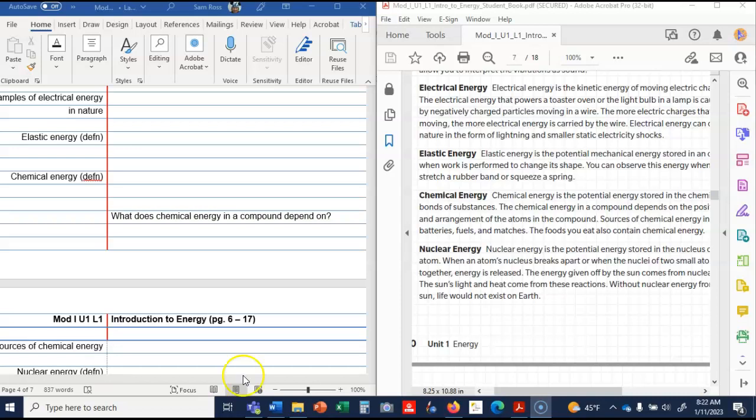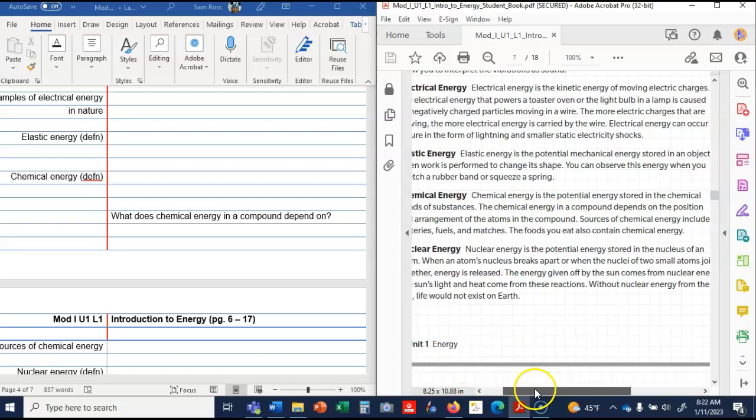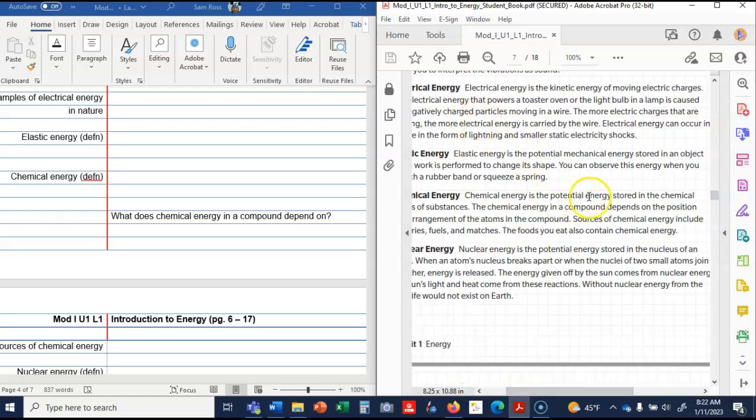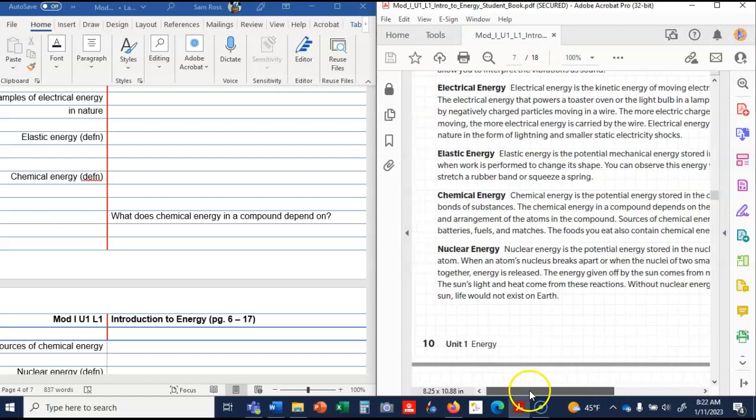I believe we ended up on page 10, and I think the first video cut me off while I was answering what does chemical energy in a compound depend on. The definition of chemical energy is here: chemical energy is the potential energy stored in the chemical bonds of a substance.